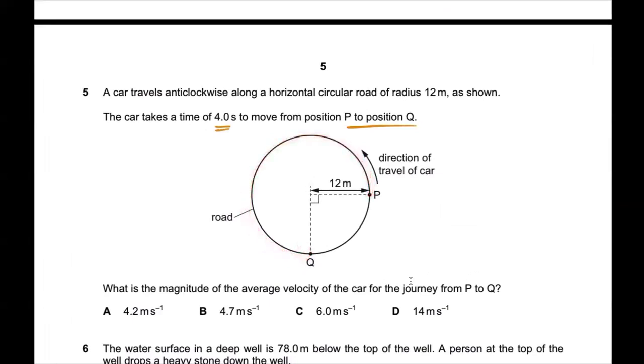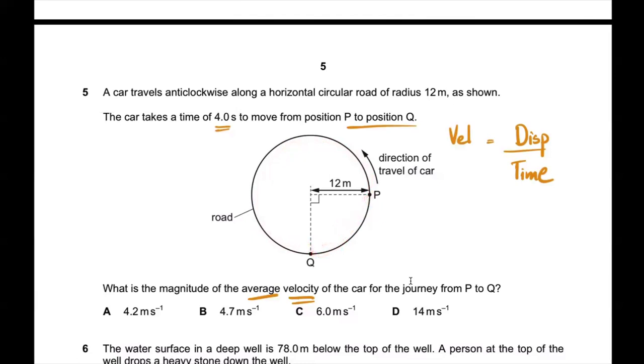Because it's velocity, this is the displacement over time, the total displacement over total time, because this is average velocity. Total displacement is just the straight line distance between the starting and ending positions.